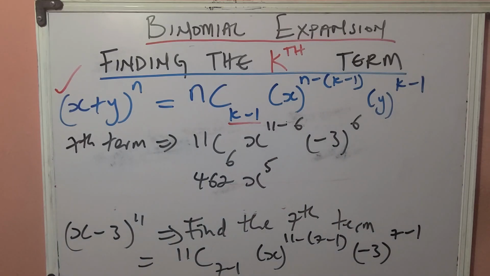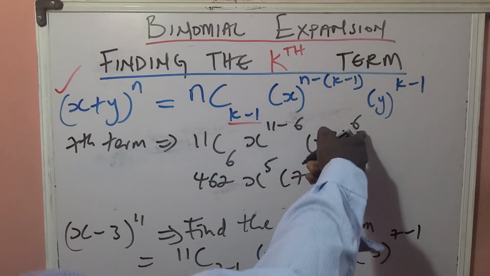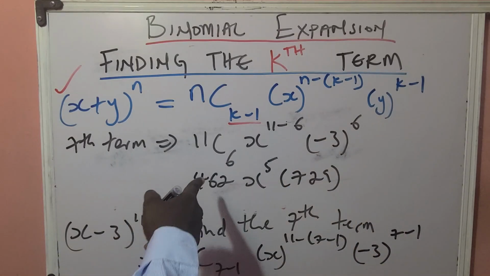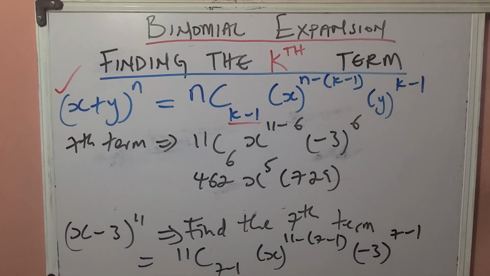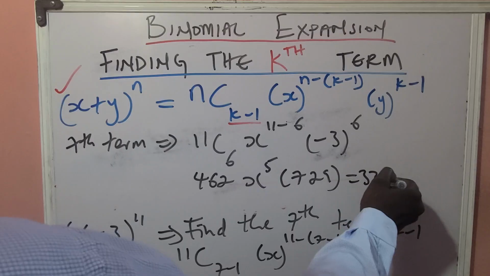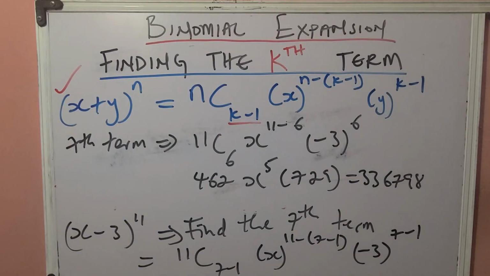Minus 3 raised to power 6 gives you a value of 729. Of course, when you have an even power, the minus is cancelled out. So 462 times 729 gives you a value of 336798, x raised to power 5.